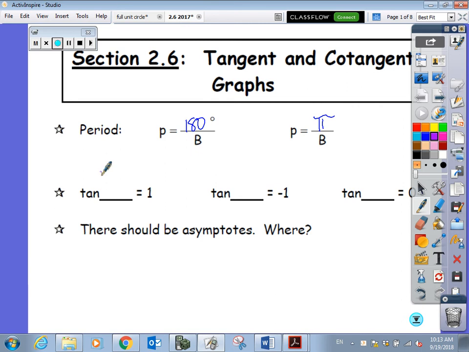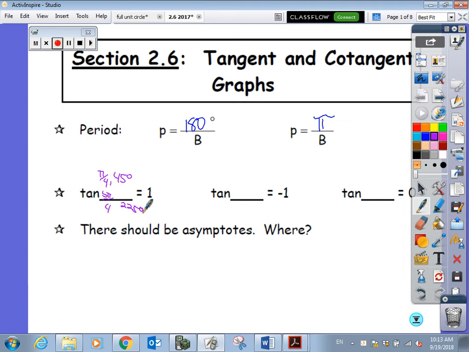We could say pi over 4. We could say 45 degrees. Down here in quadrant 3, that's 5 pi over 4, 225 degrees, lots of different. We could do any coterminal to that also, positive or negative. Lots of different possibilities. We do the same thing. Look at that unit circle. Where is y over x equal to -1?